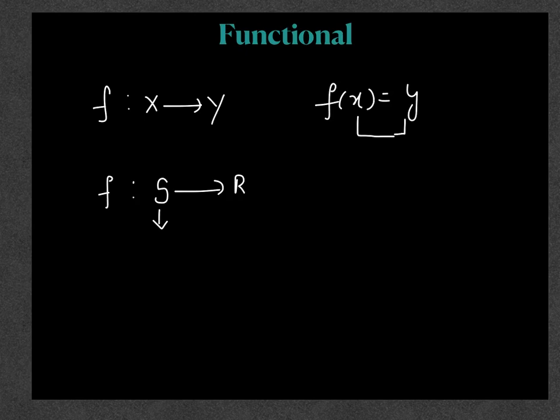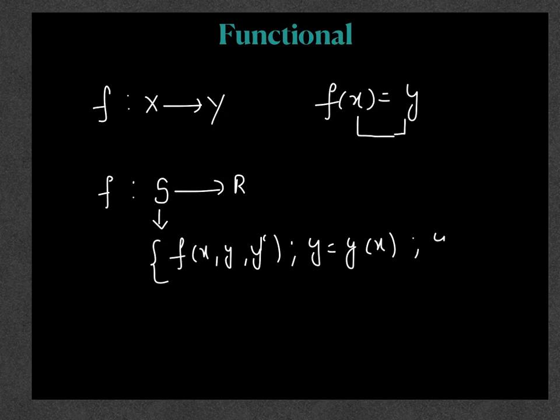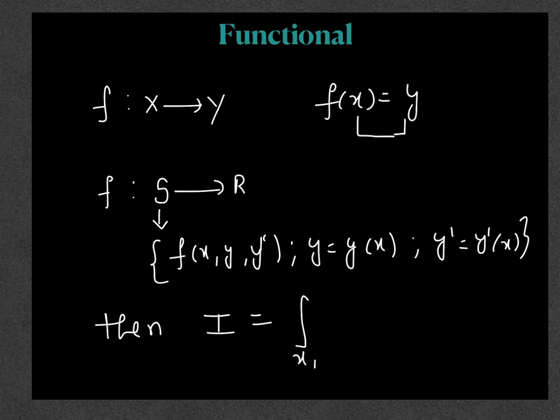The elements of the set S can be represented as f of x, y, y dash. Y is a function of x, and y dash is also a function of x. Then the set can be represented in integral form, integral from x1 to x2 of f of x, y, y dash dx.